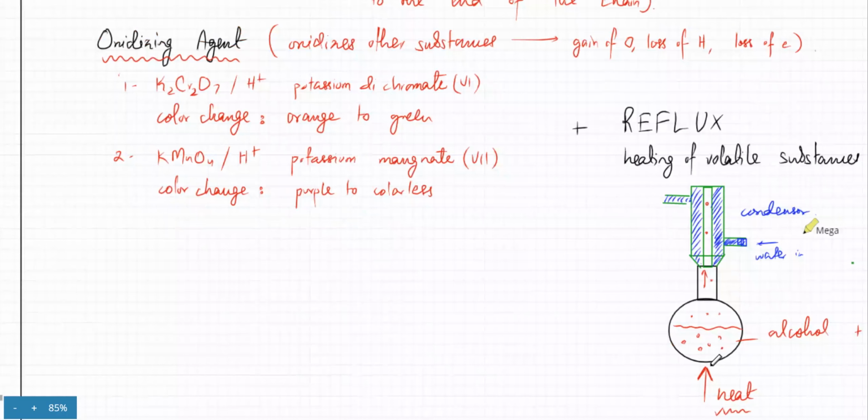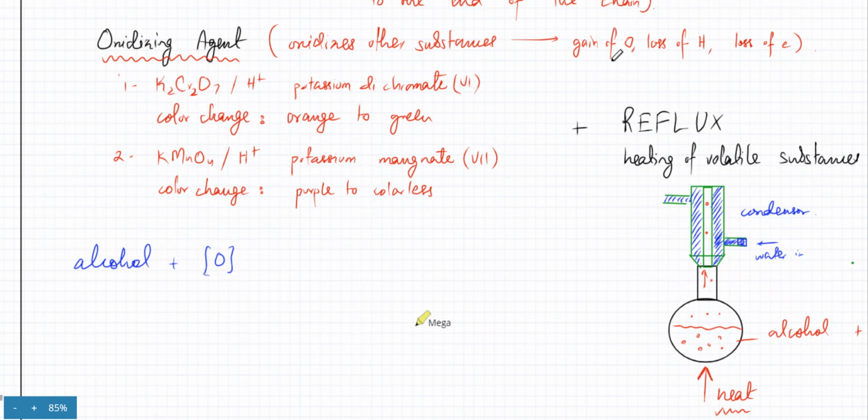As a reaction, what will happen? The alcohol would react with the oxidizing agent, which we write in square brackets as O. I'm not going to write K2Cr2O7 or KMnO4 because the whole equation would be very complicated. Just write O instead. What was the oxidizing agent's job?